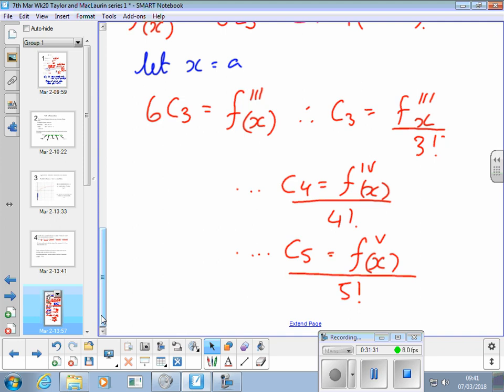Is the pattern so obvious? There's 1 factorial, 2 factorial, 3 factorial, and so on. You're just doing it so that you can get rid of terms apart from the constant term at the start.